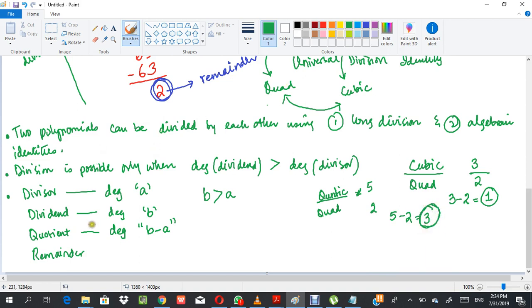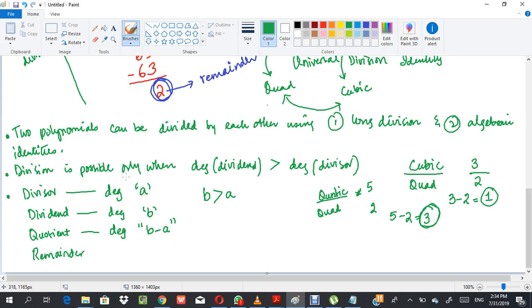Now let's come to the remainder. Since a remainder is something that may or may not exist, when a remainder does not exist, the divisor is called a factor. I'll come to this later when we start with the remainder and factor theorems. Anyway, since a remainder may or may not exist, we will not have a very defined degree of the remainder.